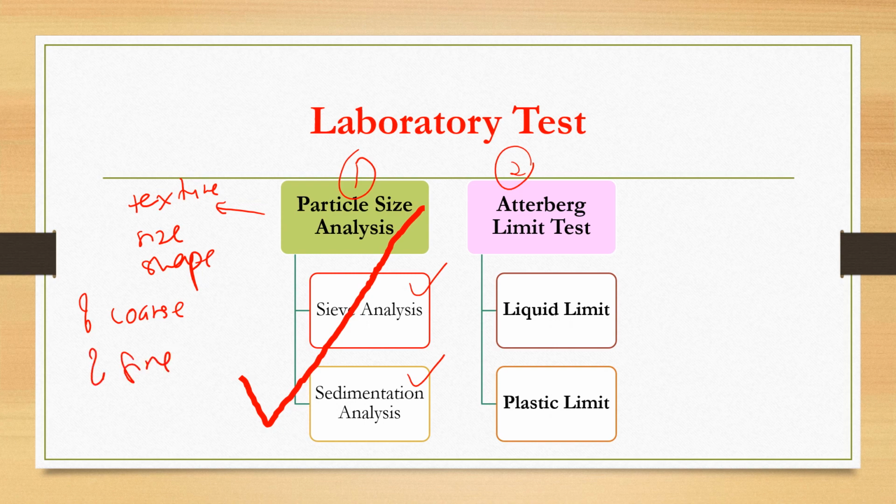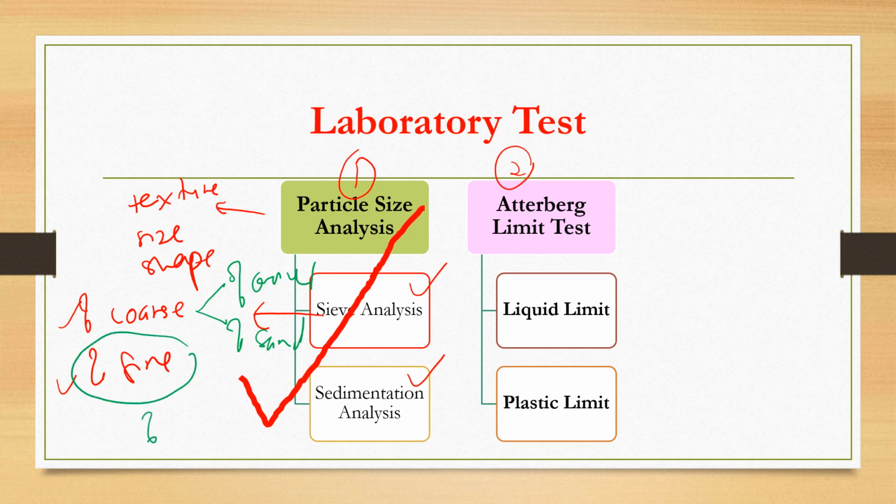If you're talking about sieve analysis, definitely you can get these two. But in addition to that, you can also identify the percentage of gravel and also the percentage of sand, which belong to coarse grain soil. But you have no idea what the percentage of clay is and also what the percentage of silt is. You cannot get this from sieve analysis.